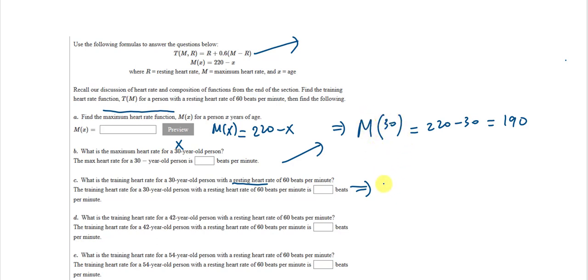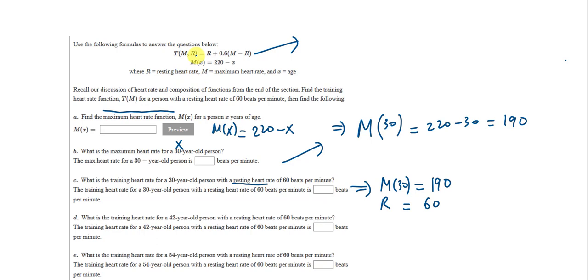So we know that m of 30 should be 190. The maximum heart rate is 190, and the resting heart rate should be 60. It's given from here. So what should be the training heart rate?